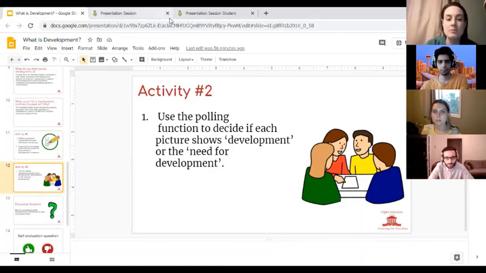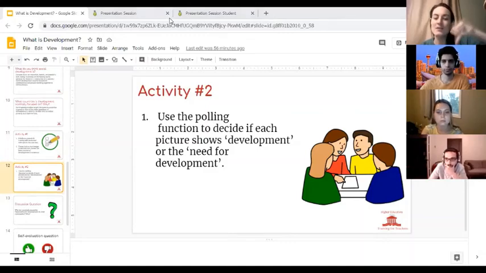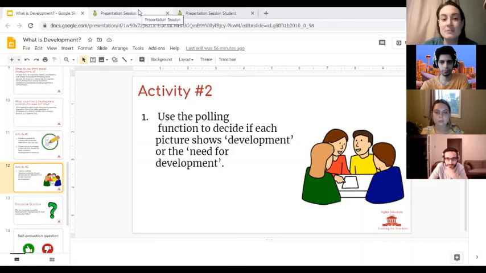If you go into participants, there's the yes green button or the no red button, and we'll use yes for development and no for needs development. So we'll look at the different pictures, and does it already show development, or does a picture show that there is a need for development?